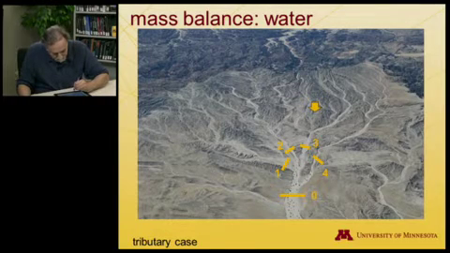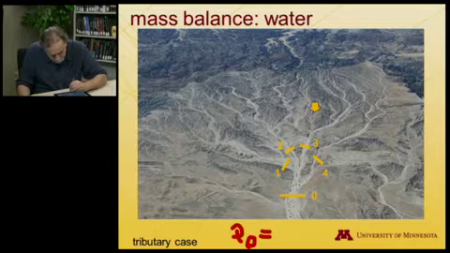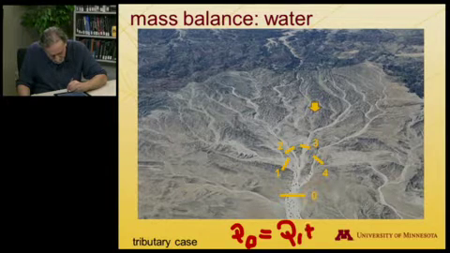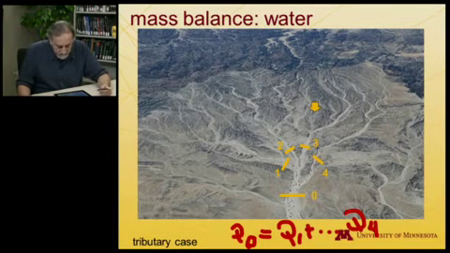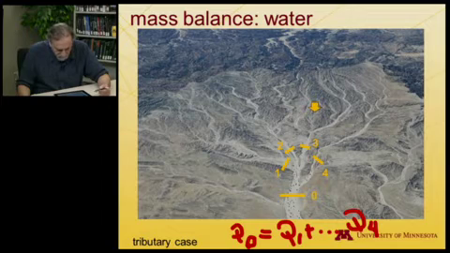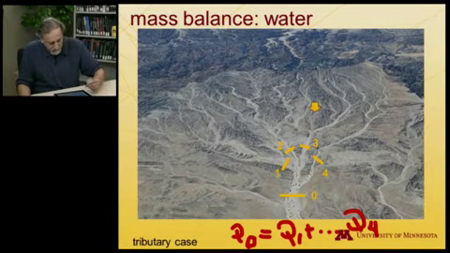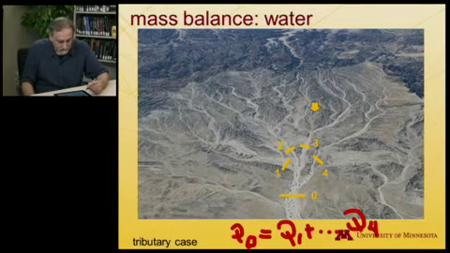So Q0 would equal Q1 plus, dot, dot, dot, through Q4. So those discharges would add up, all the input discharges, 1 through 4, would add up to the discharge at 0. And that's the case for a tributary network like this.